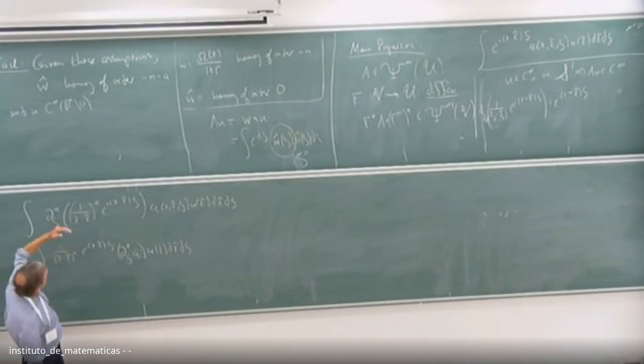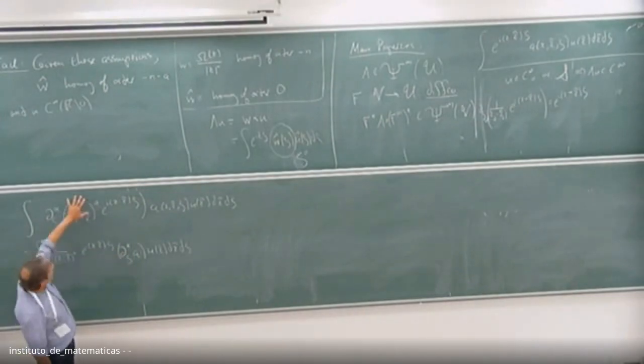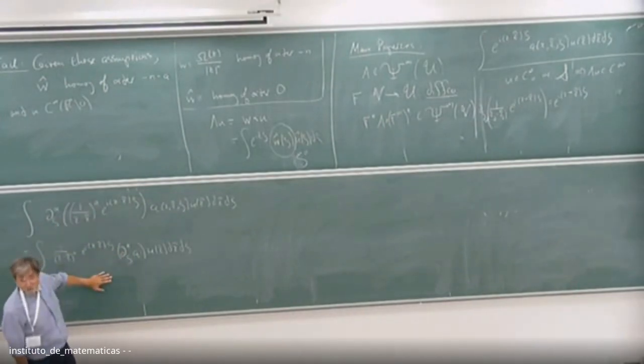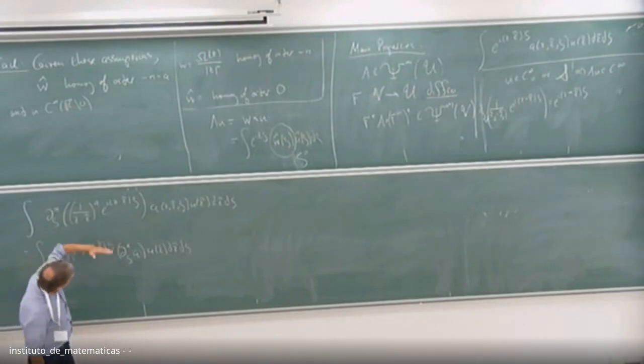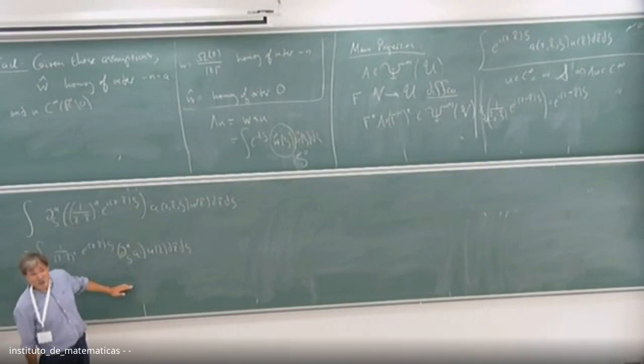Just that it doesn't matter which alpha I took. Suppose I took some alpha and this is convergent, or I took a different beta and this is also convergent. Then all I have to show is that the expression with alpha and the expression with beta are the same. But these are all in the convergent regime, so I can integrate by parts from one to the other. I make a choice, but it doesn't matter which choice I make.